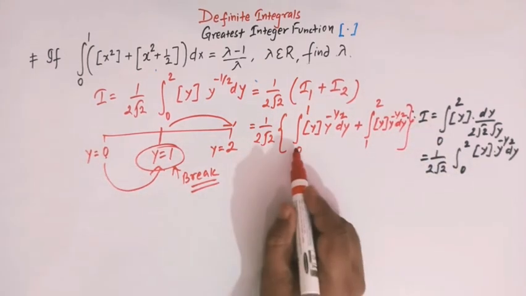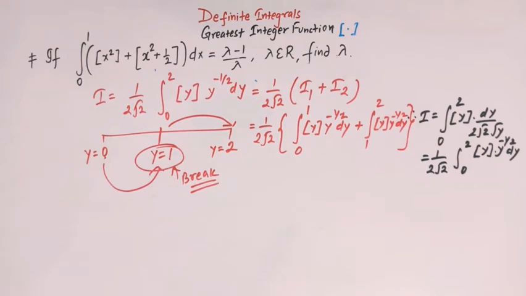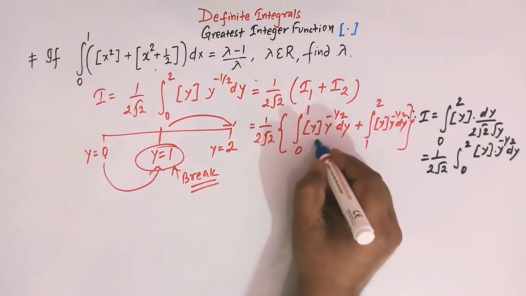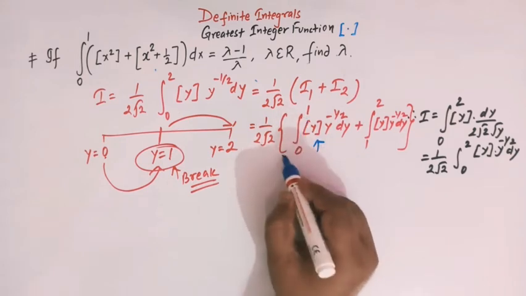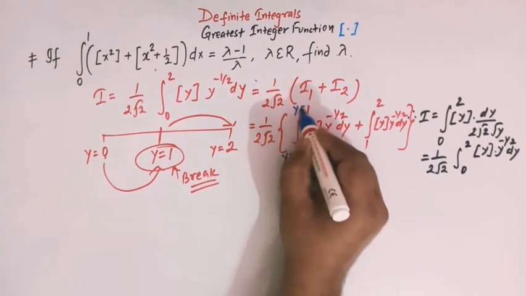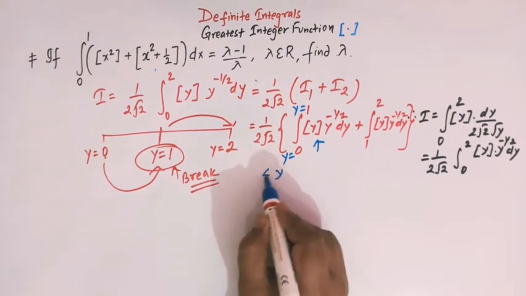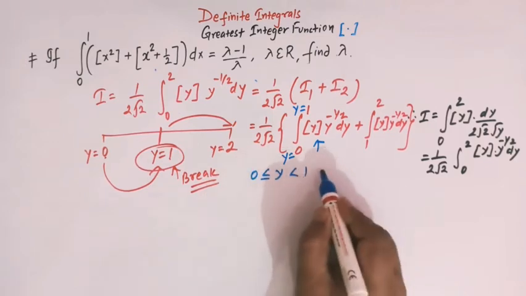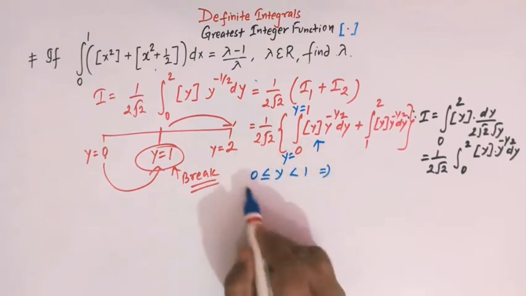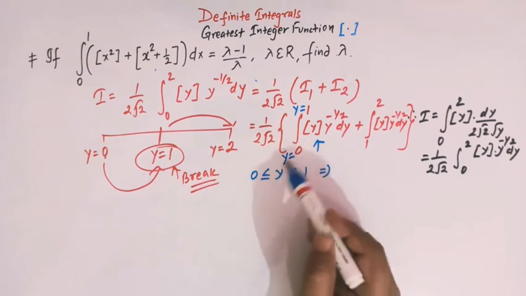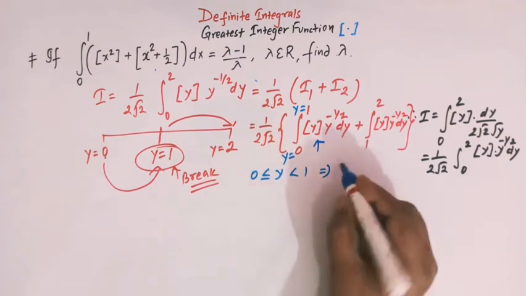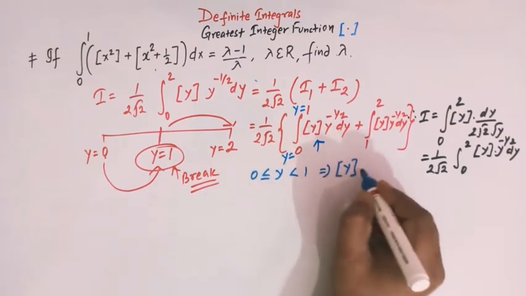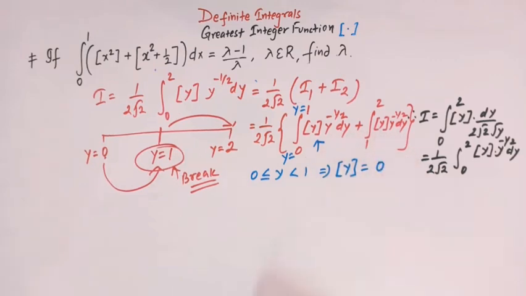Okay, so now we have two integrals, and in this integral we see that y varies from 0 to 1, right? From the definition of the greatest integer function, when y lies between 0 and 1, then the value of the greatest integer of y is equal to 0, right?